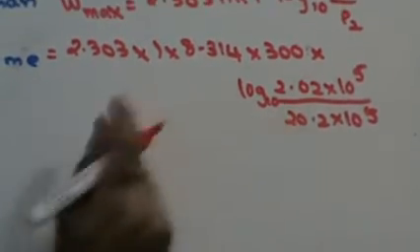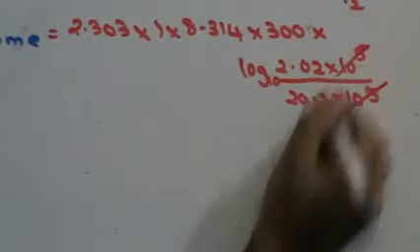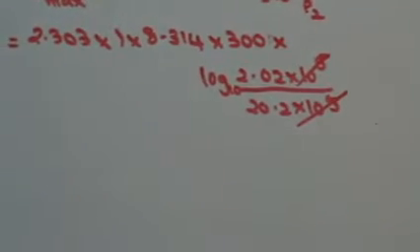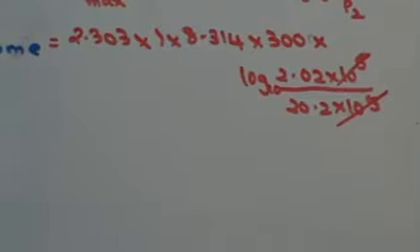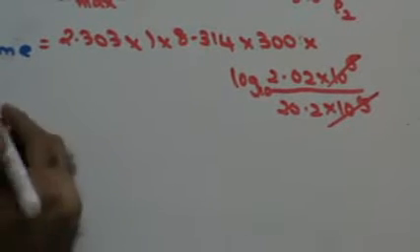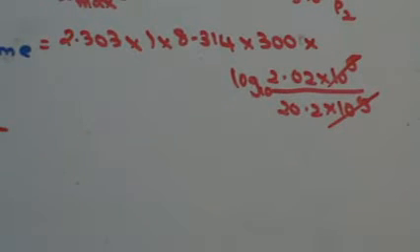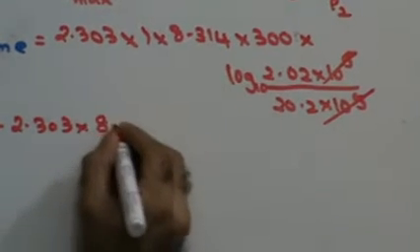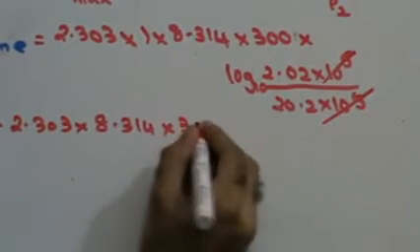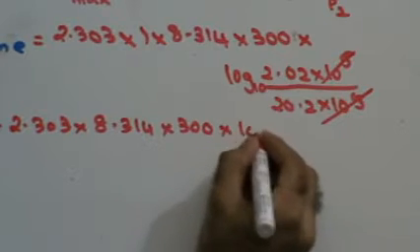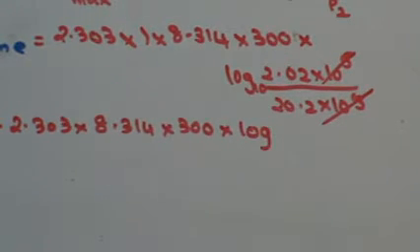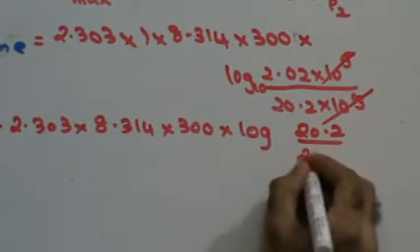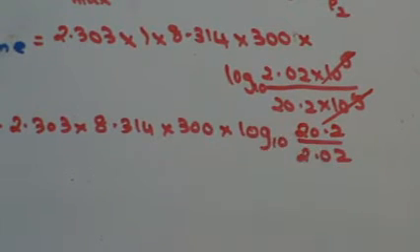First thing, 10 raised to 5, 10 raised to 5 will get cancelled. In order to reciprocate this, I will take a minus sign. Why am I taking the minus sign? I'll just show you once again. 2.303 into 8.314 into 300 into log of, instead of writing 2.02 upon 20.2, I'm going to write 20.2 upon 2.02 to the base 10.